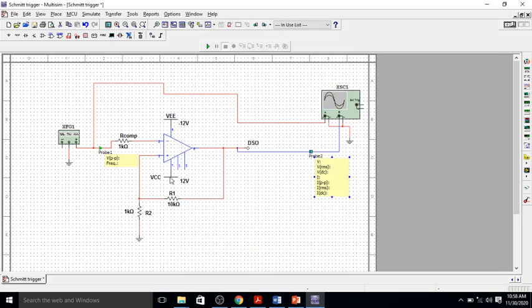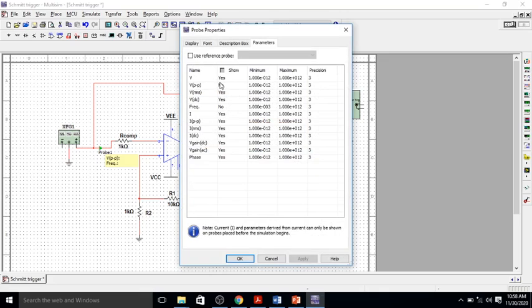We have applied VCC is equal to 12 volt to terminal 7, VEE is equal to minus 12 volt to terminal 4, R1 is 10K and R2 is 1K. Now we will simulate the circuit so that we will validate our theoretical result with the practical result.